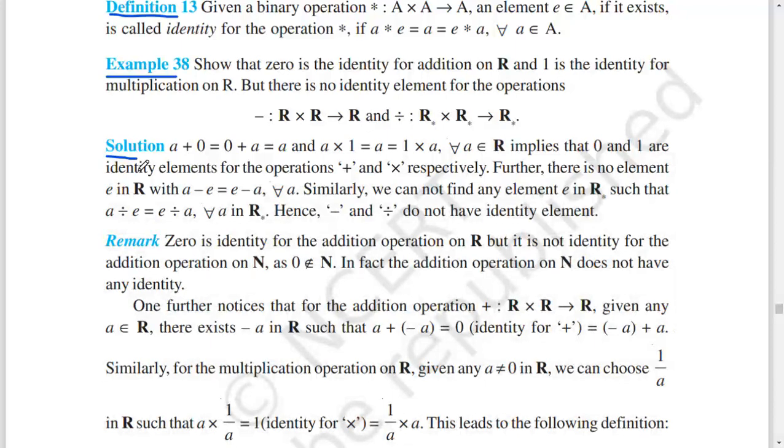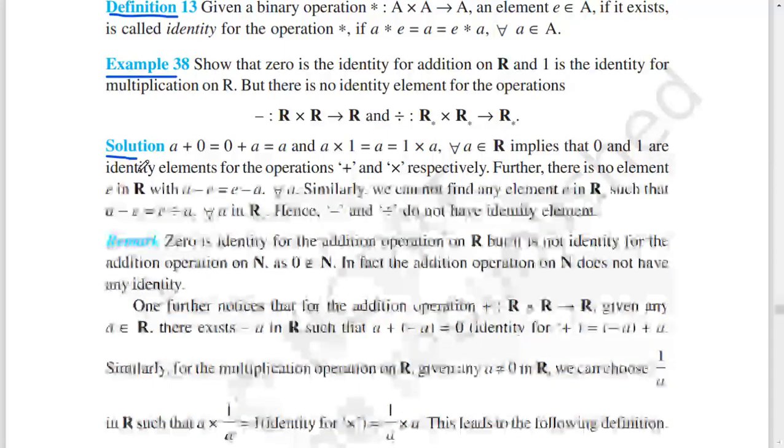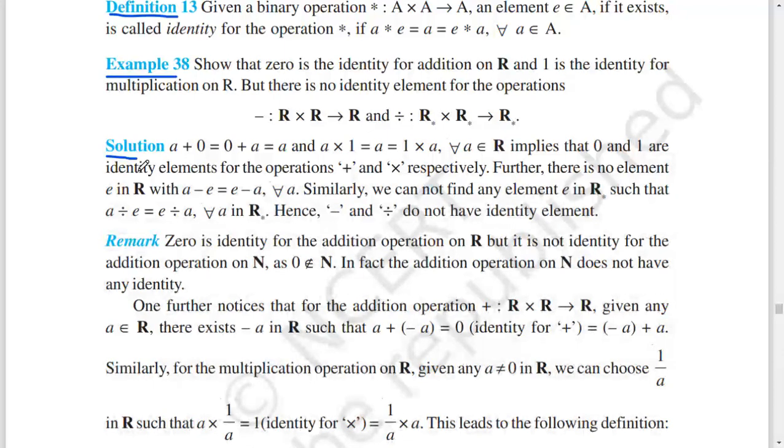Further, there is no element e in R with a − e = e − a for all a. Similarly, we cannot find any element e in R such that a ÷ e = e ÷ a for all a in R. Hence, minus and divide do not have an identity element.